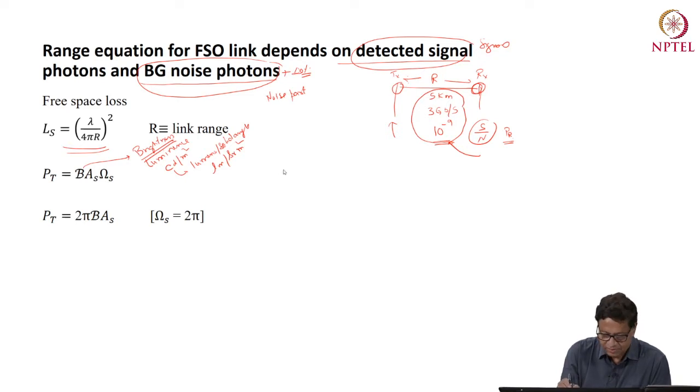Now let us assume a Lambertian source. A Lambertian source is basically emitting like this, and the intensity varies as, say, I0 at the center, and at angle theta it will be I0 cos theta.